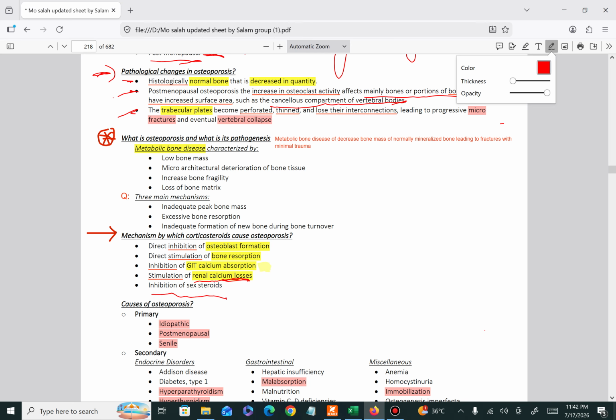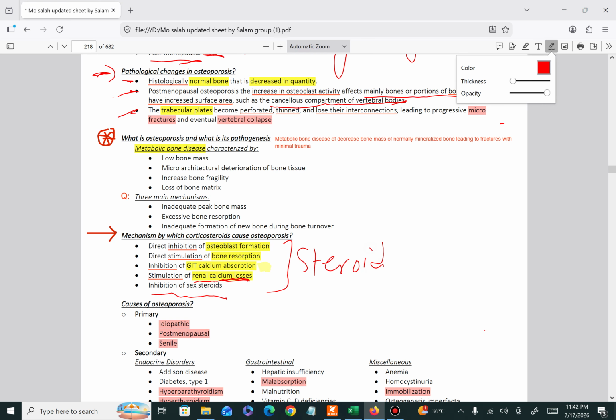So these are the mechanisms through which steroid can cause osteoporosis.